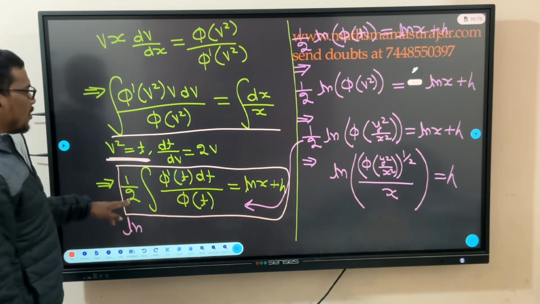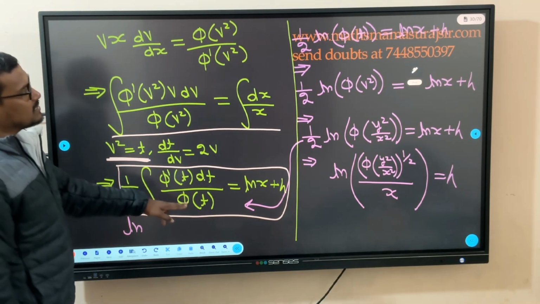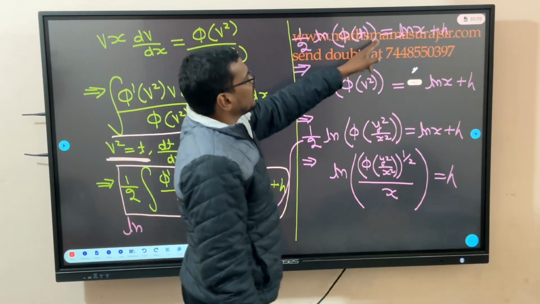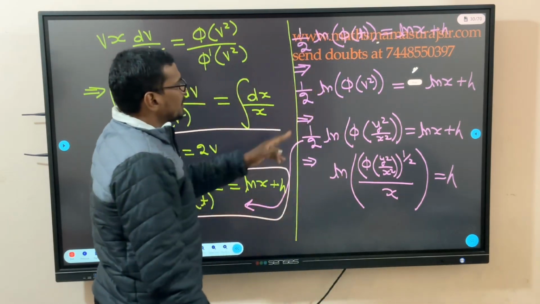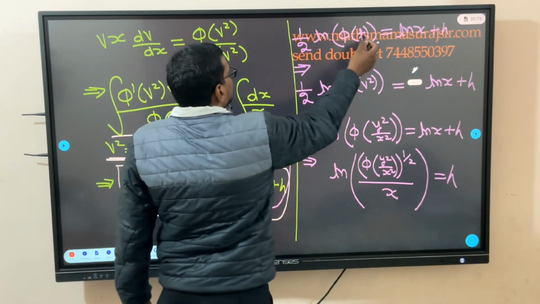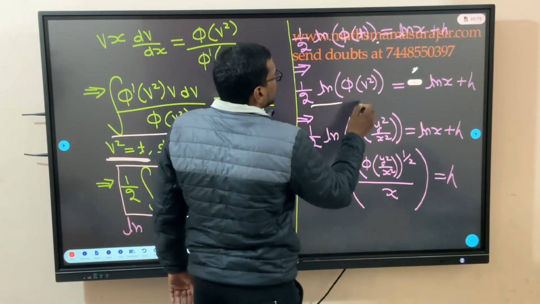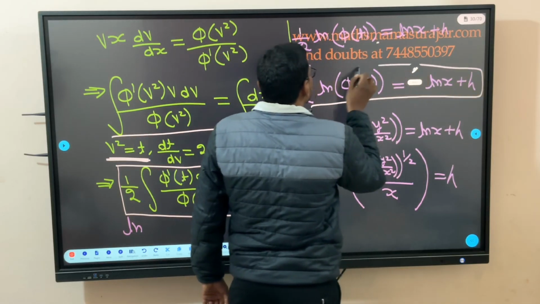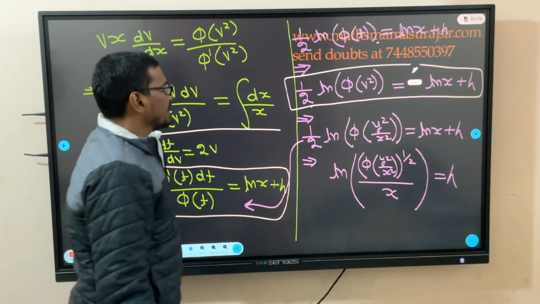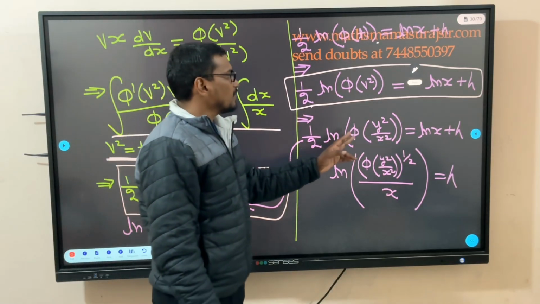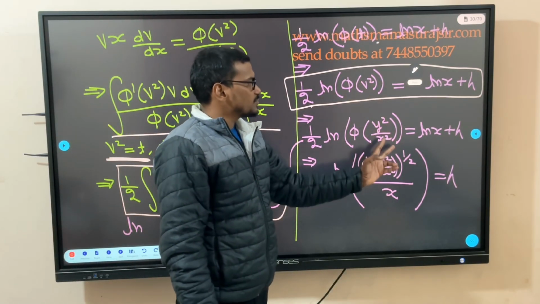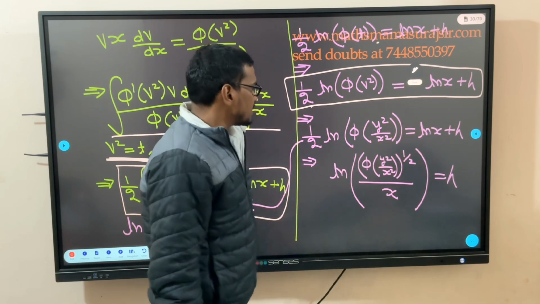Right, so half of phi dash by phi, that is ln. So half of ln phi t is equal to ln x plus lambda. And t, what is t? Phi of v square. So this is equal to ln x plus lambda. After this guys, half of ln phi of v square, that is y square by x square, equal to ln x plus lambda.